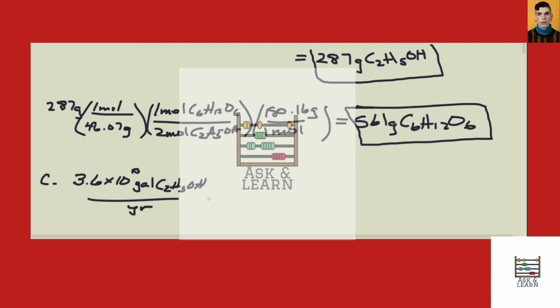And so what we do know is that for every 100 gallons, 40 gallons will come from corn.